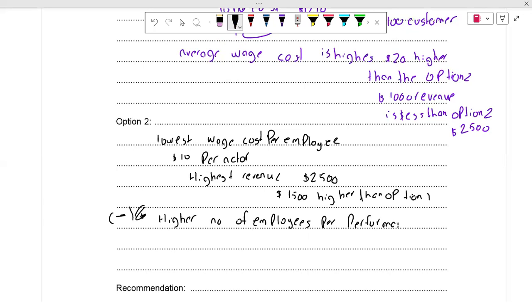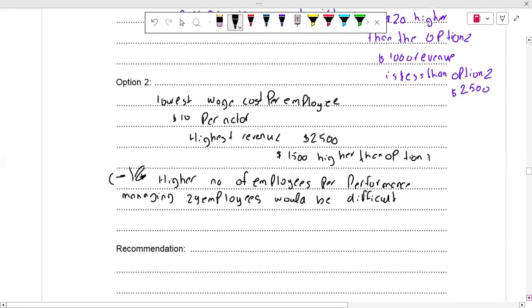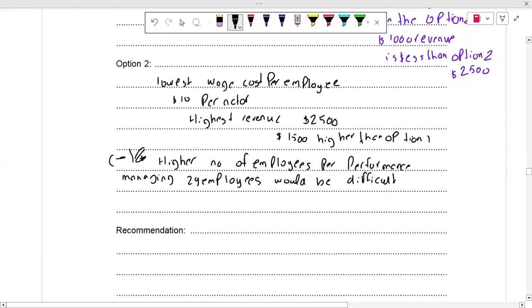So you can say managing 24 employees would be difficult as compared to option 1, because there are basically 10 employees for option 1.